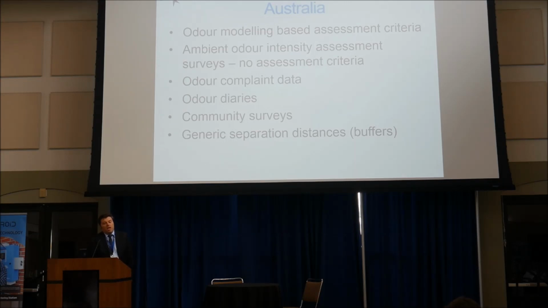Some of them mention ambient odour surveys and that you can do them. Some of them mention an intensity level, like weak or distinct, but there's no more guidance around it. They mention the VDI 3940 standard, and that's about it. There's no guidance as to what constitutes nuisance or compliance when it comes to ambient odour surveys.